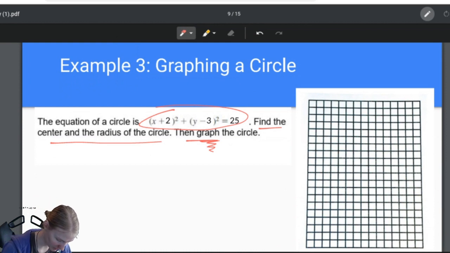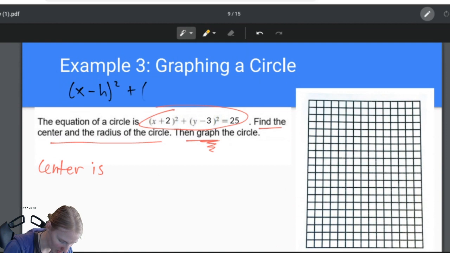Okay, so center. The center is, well, remember that's just these pieces. So, a little bit different because remember, I'm gonna write it again, x minus h squared plus y minus k squared equals r squared. So remember that in the formula, these are minus. So when I have -3 right here, this is actually just a +3.